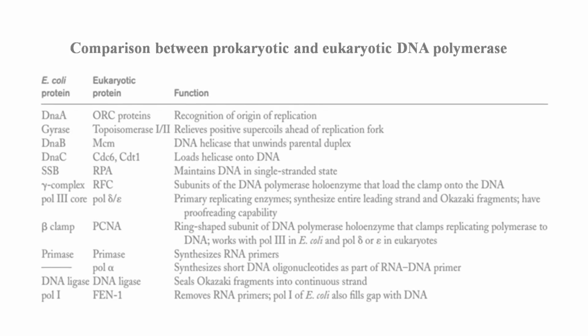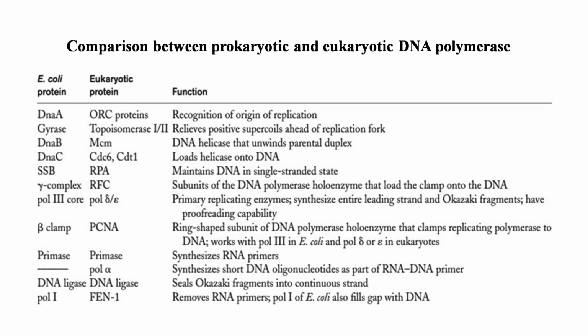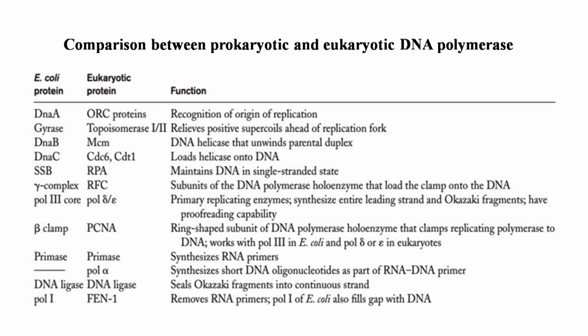So, as we learn about various types of proteins in prokaryotic and eukaryotic replication, there is a need to summarize them in the form of a comparison, which is given in the second last table and slide. Here are the names of prokaryotic and eukaryotic enzymes and their functions.